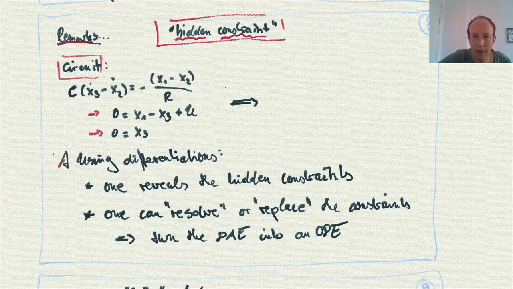What we can do is differentiate those two equations.